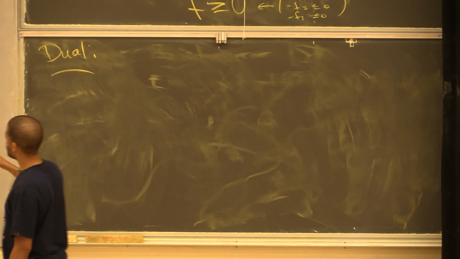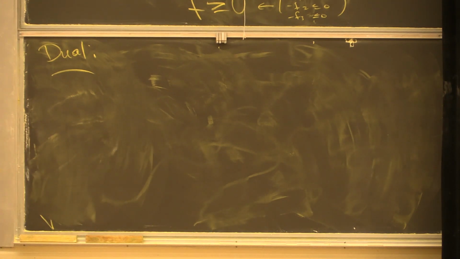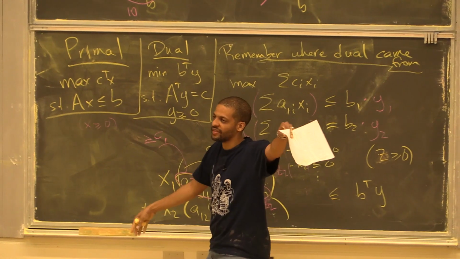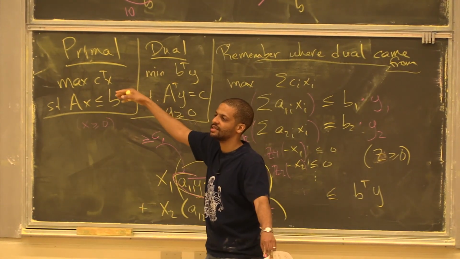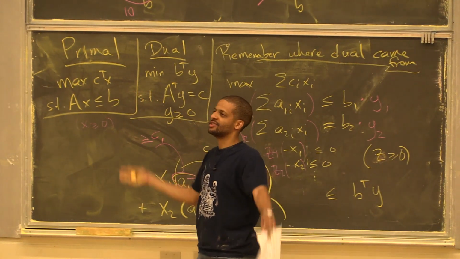First of all, remember, every constraint in the primal gives a variable in the dual. And similarly, every variable in the primal gives a constraint in the dual. Okay? Because this matrix is A transpose, which means the old number of variables is now the new number of constraints, and the old number of constraints is now the new number of variables.